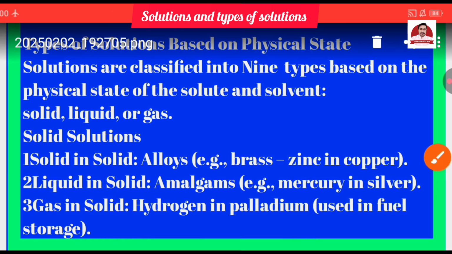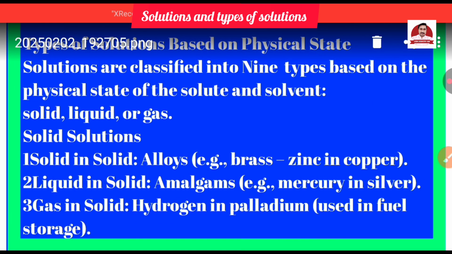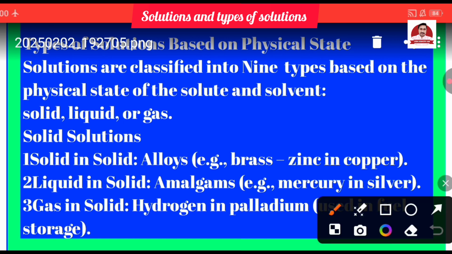In this solution, solid in solid, that is an alloy of metals. The example is brass, that is zinc in copper.